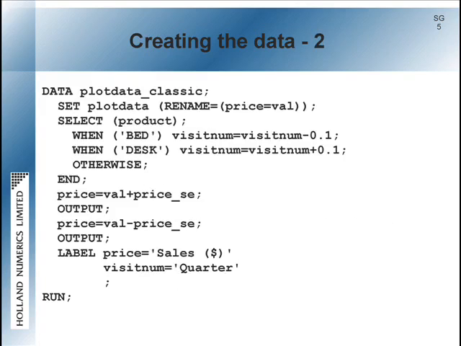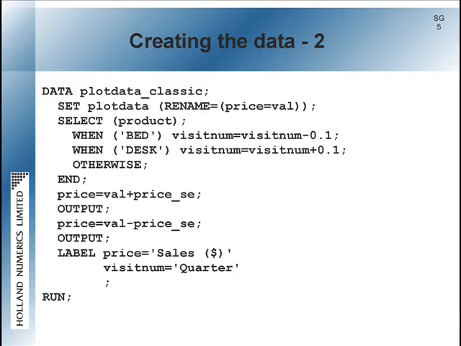Okay, thank you. Next slide. This is a modification which I needed to do to make it work with PROC SGPLOT, and basically what I've done is read in the data and changed the price variable to val, and then use that to generate two values for each price, on separate records, one with the standard error added and the other with the standard error subtracted.